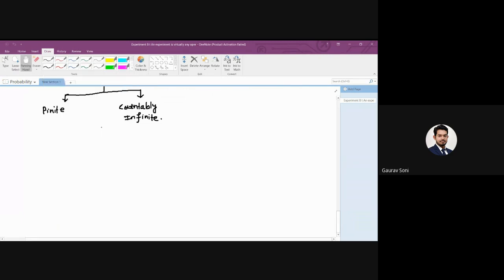Events are nothing but... an event is a subset of the sample space.